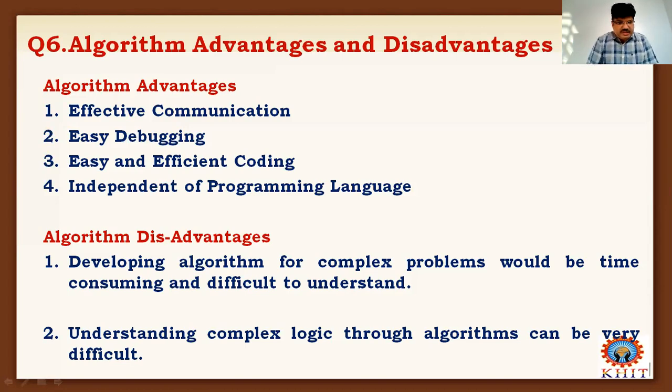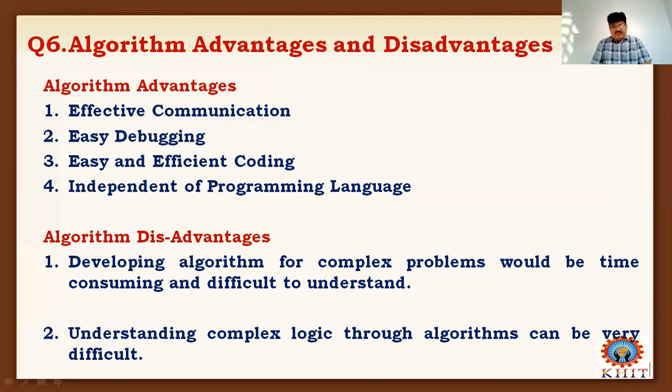Easy and efficient coding: based on the step-by-step procedure of an algorithm, the software programmer has a provision for developing better and very efficient coding, in a programming-language-independent way. So these are various advantages of an algorithm.